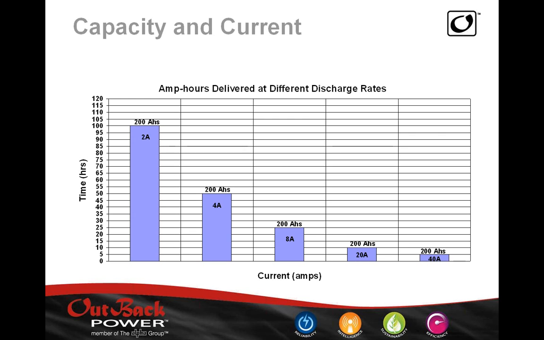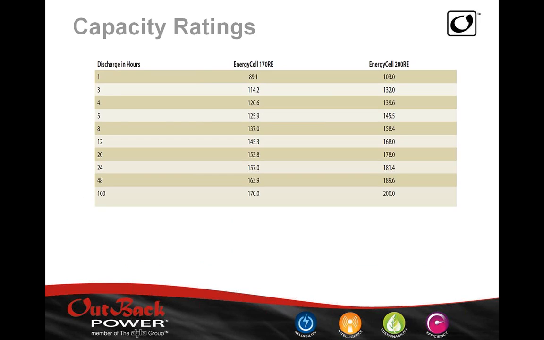And that's going to be the key when we're sizing batteries in part 2. That's the reason battery manufacturers give us different ratings: the 5-hour rate, the 20-hour rate, the 100-hour rate. And we're going to be using those ratings to size the battery banks.